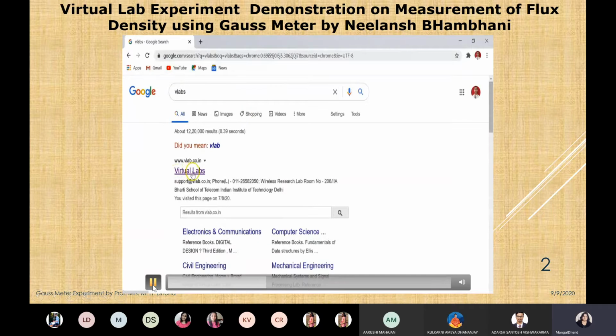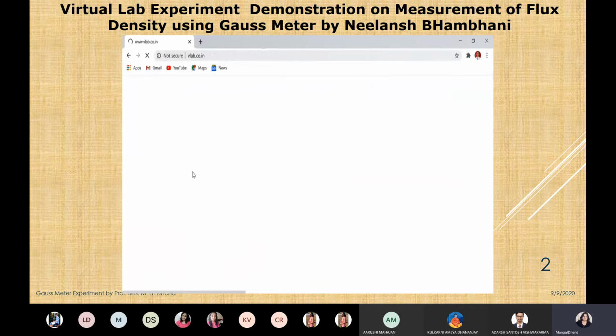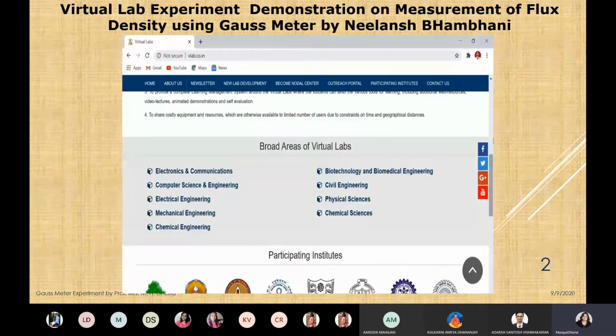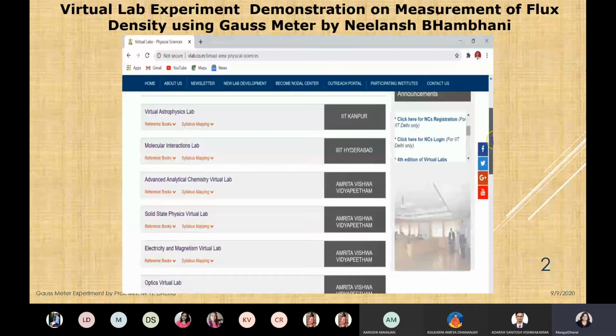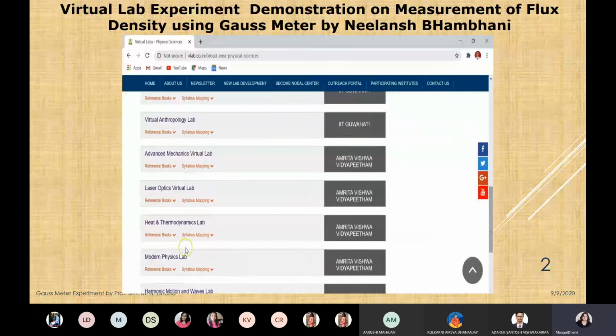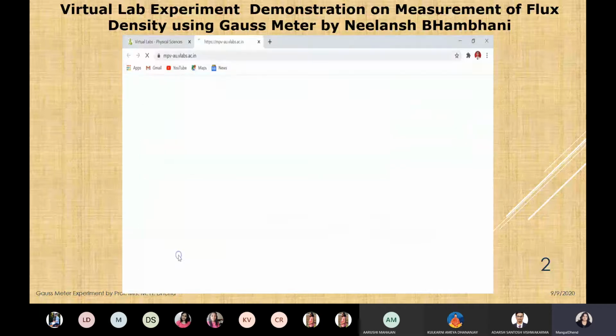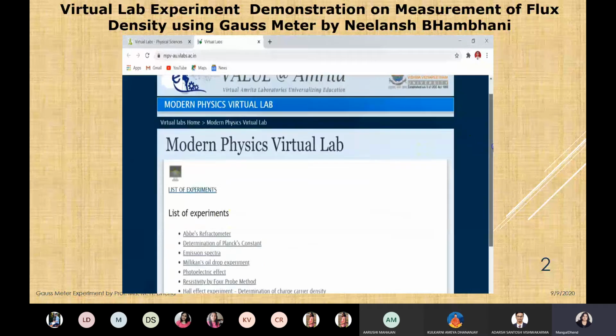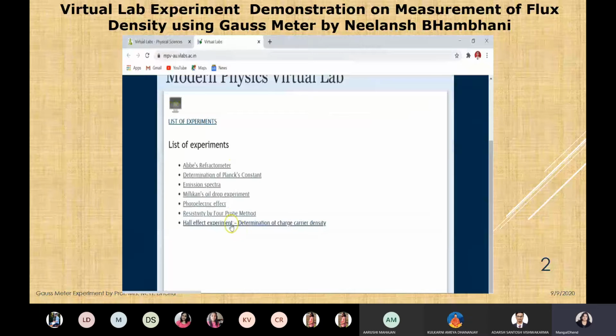Search it, click on virtual lab tab. Scroll down. Click on physical sciences tab. Click on the modern physics lab by Amrita Vishwa Vidyapeeth. Under this, we have Hall effect experiment, determination of charge carrier density. Click on it.